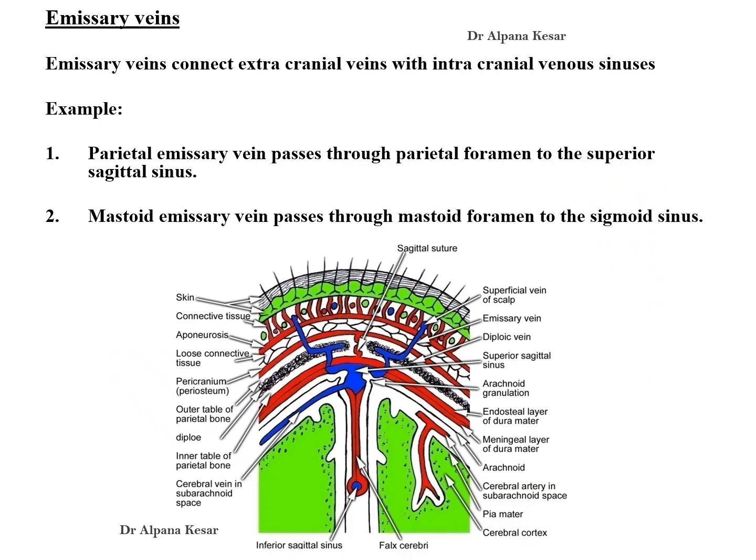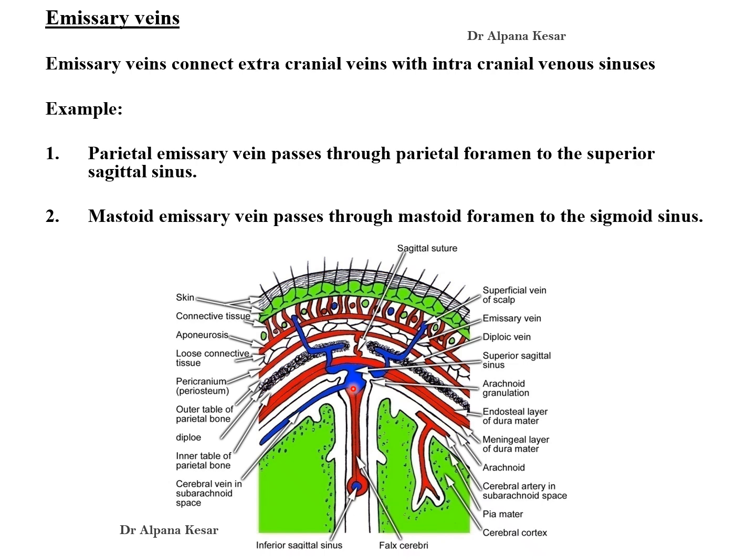Emissary veins. Veins of the scalp are those veins that drain blood from the scalp. Emissary veins are yet another type of veins present in the scalp. Emissary veins are those veins that connect the veins of the scalp with the intracranial dural venous sinuses.